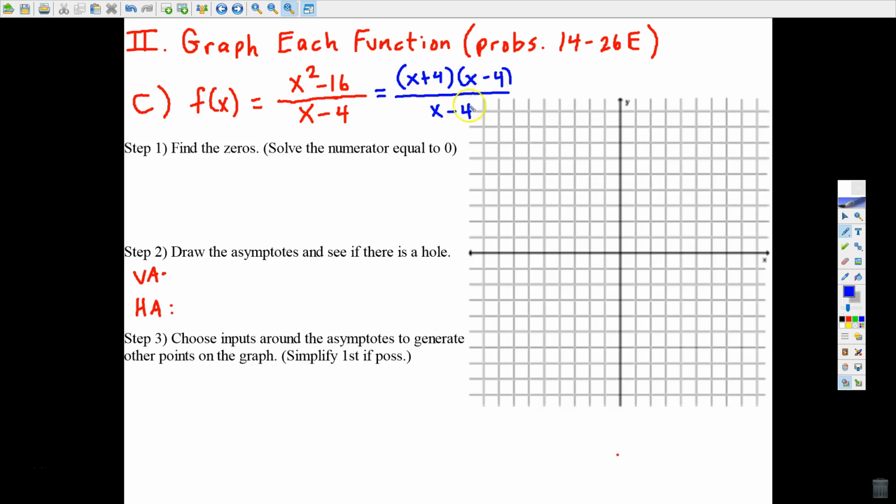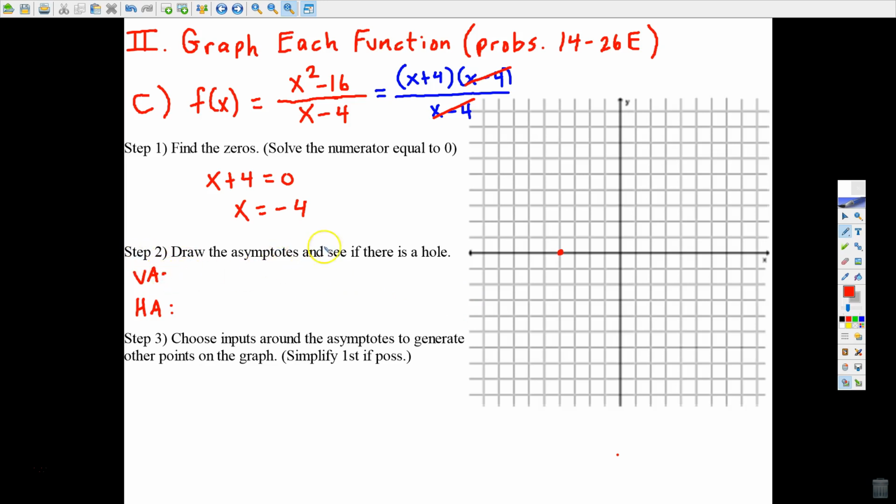We have factors that can be canceled. If we think about this function in factored form and then we cancel those matching factors, we're really only left with x plus 4 in the numerator. And if I take only x plus 4 and let it equal 0, I get x is negative 4. So that's going to be the x-intercept.